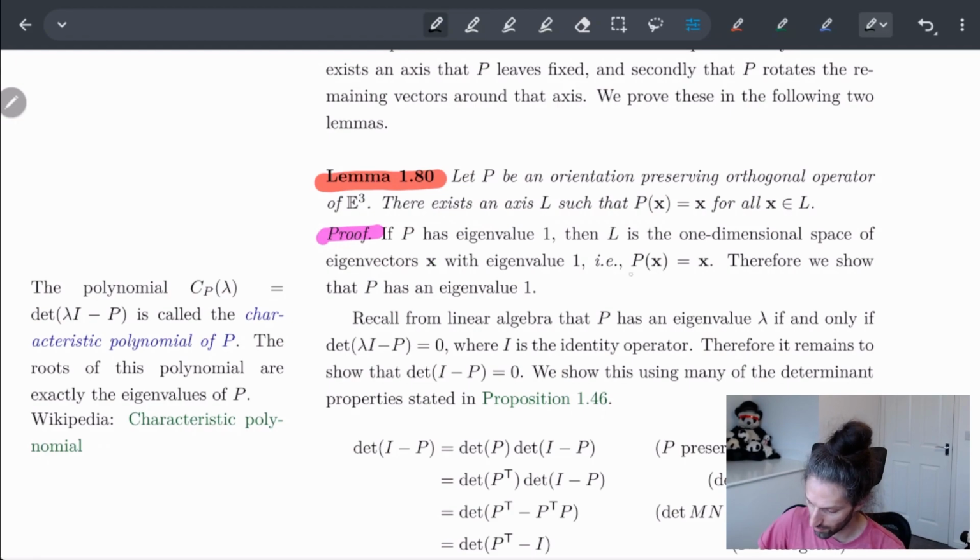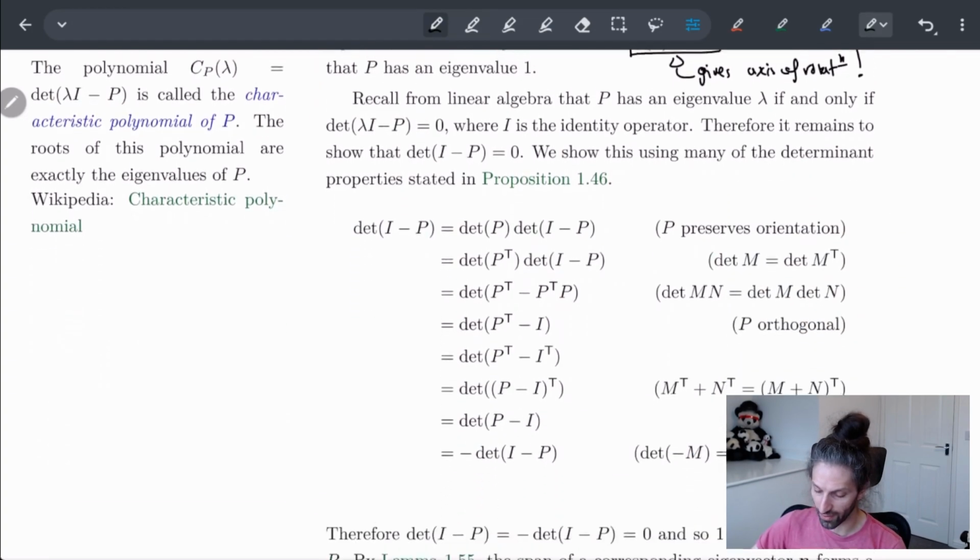In other words, P of x is equal to x. This is just the definition, right? And this is precisely what we want to show. Therefore, this gives an axis of rotation. So we just need to show that P has an eigenvalue of 1.